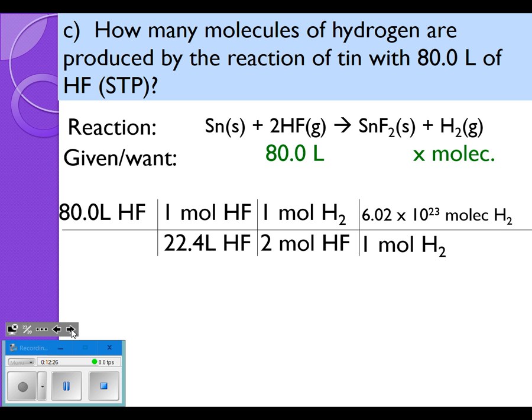So again, it's about following the mole map. Start with what you're given in units, get it to moles. Once you get it in moles, create a mole to mole ratio, so you can talk about the 2 different substances in your equation, in your reaction. And then get it from moles to whatever you want that final unit to be. This would be 1.08 times 10 to the 24th molecules.